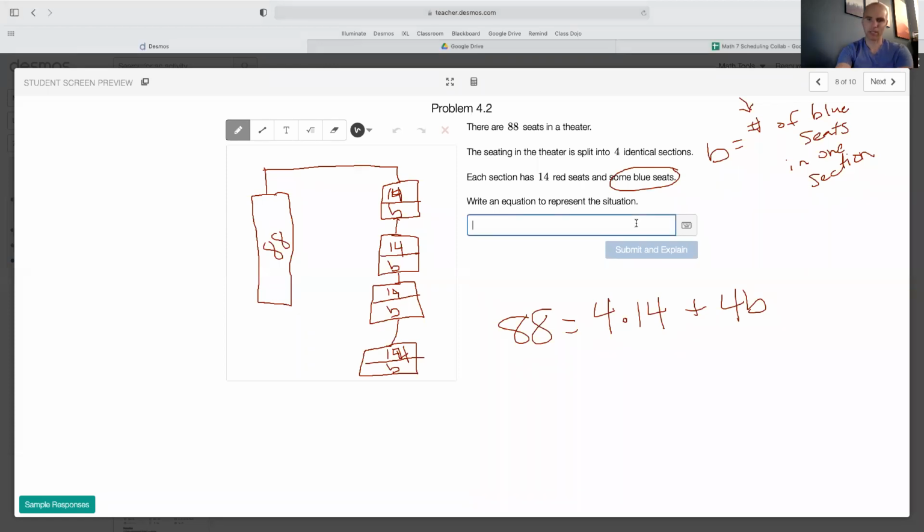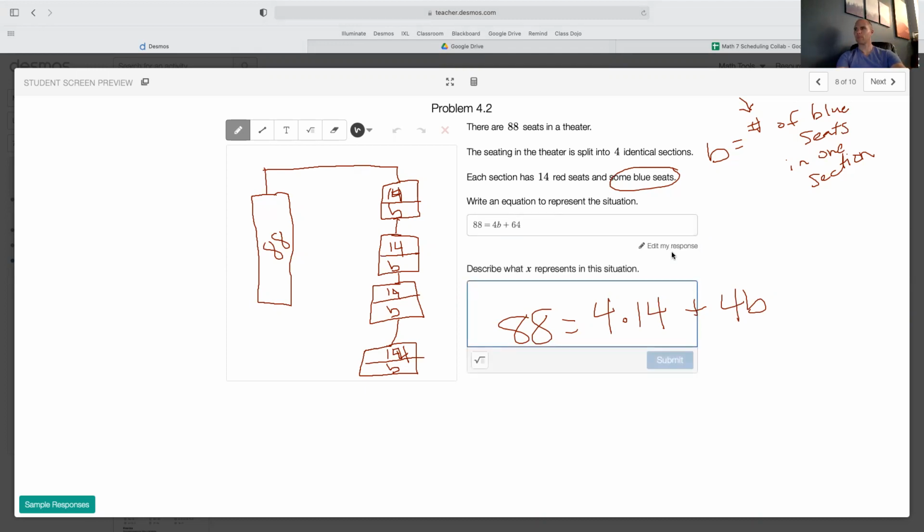I guess I'll write it in the box here. 88 equals 4B plus, what's 4 times 14? 56? So I'll write it like that, 4B plus 56. And what does X represent in this situation? It's what I wrote up here. B, oh, they wanted me to use X. All right, whatever, I can change it to X, that's not a big deal.